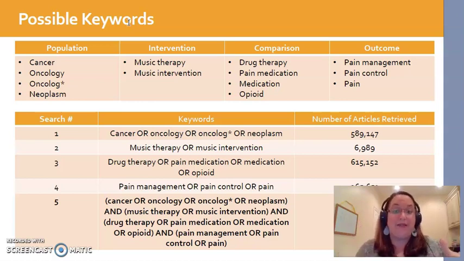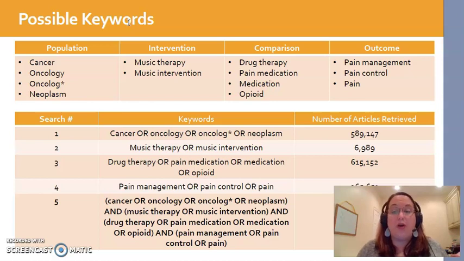Then I did AND, my linking Boolean operator. Then I did my interventions all in parentheses, and comparators and outcomes. And when I did that, I got 45 articles. So those 45 things that pulled up should be very particularly linked to my PICO question because I specifically told it exactly what I'm looking for.